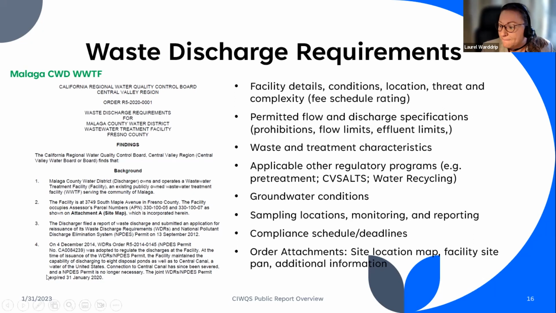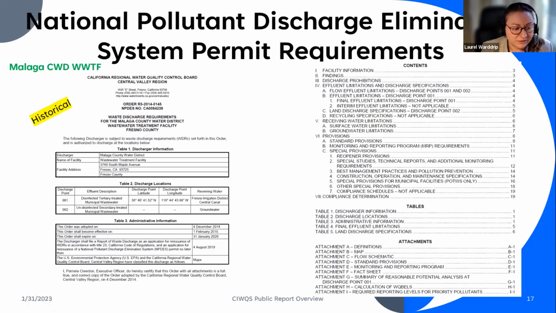The other thing you'll probably find is you might want to look at the National Pollutant Discharge Elimination System permits. They look similar, but they're different. This is federal permitting for discharges to waters of the United States, and it has potentially effluent limits, surface and groundwater limitations.